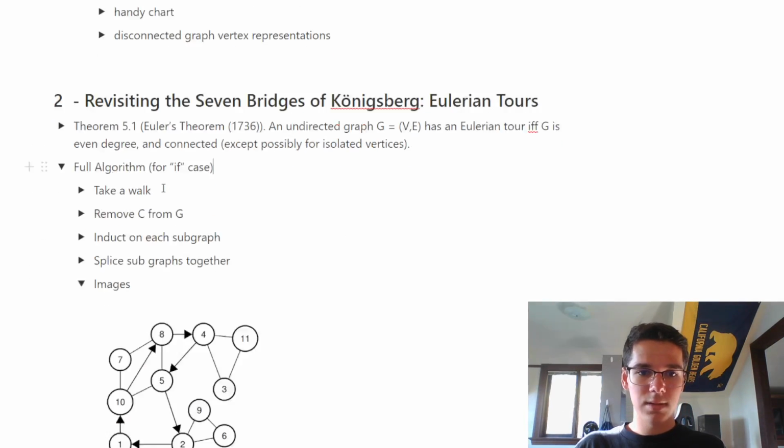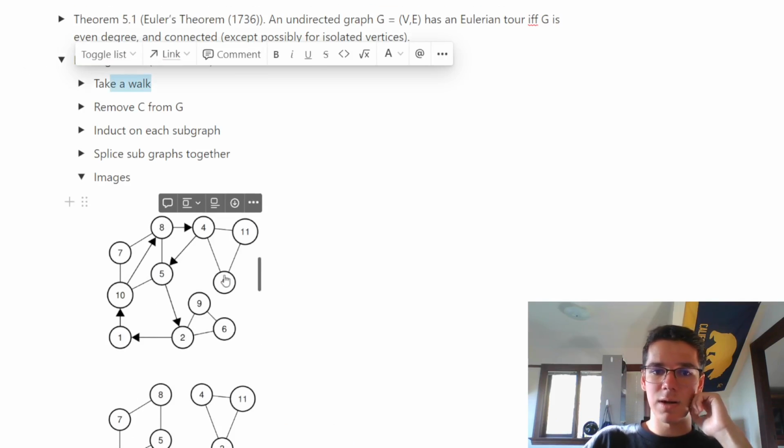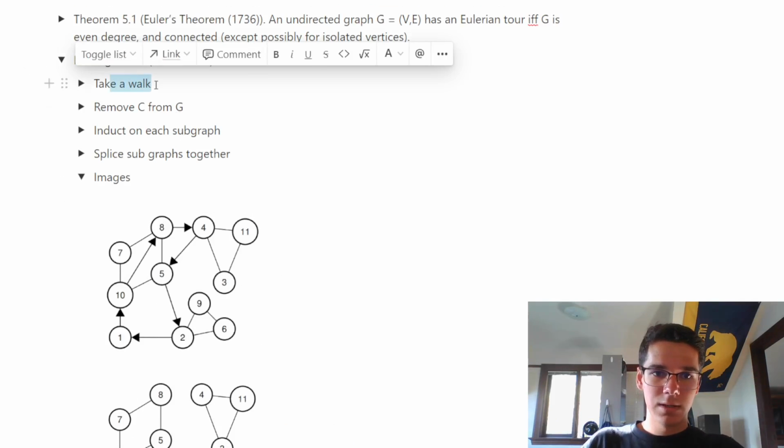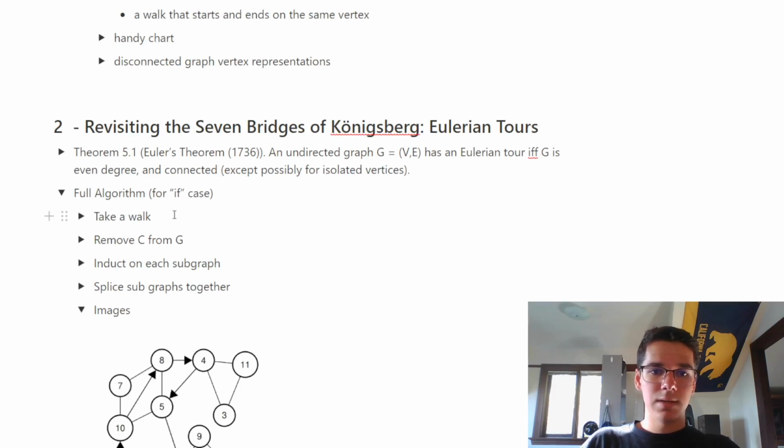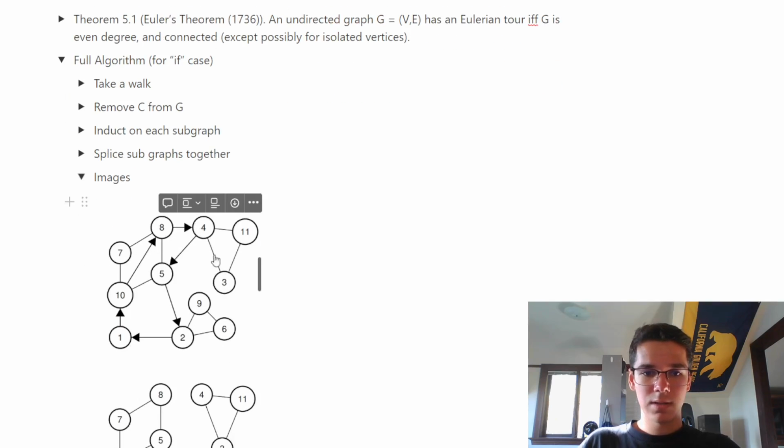These are essentially the steps that we have to perform, and I will mention the step name and then describe it with each visual. All we do is start off by taking a walk, and we want this walk to end up where we started, and we'll see why.